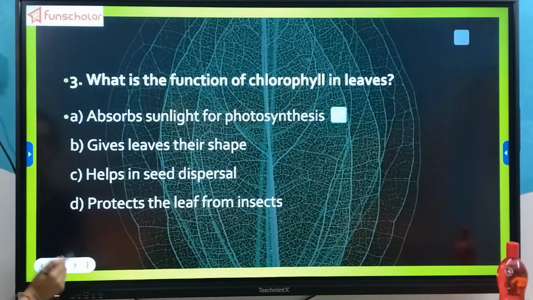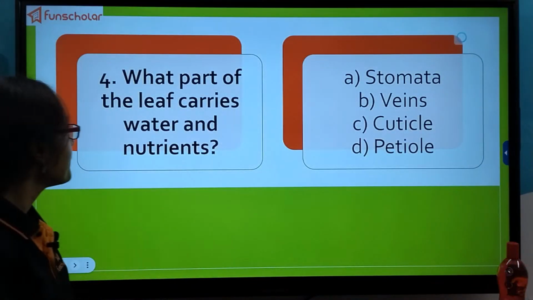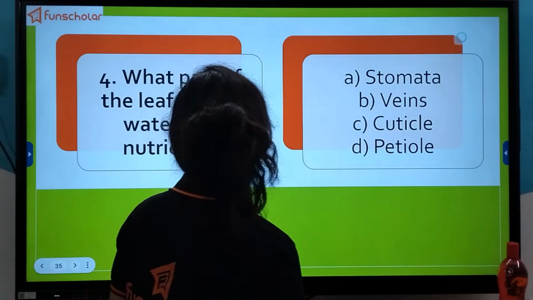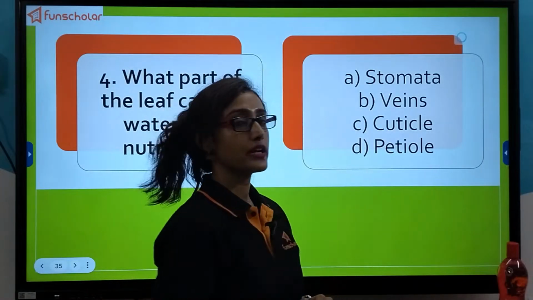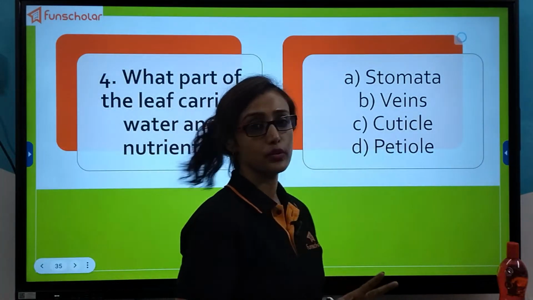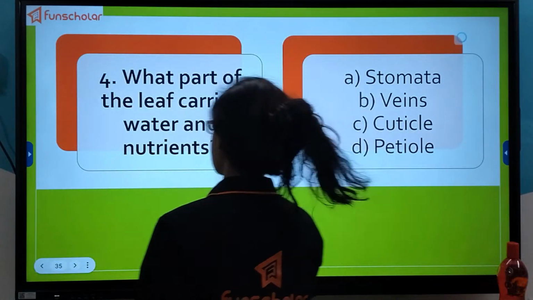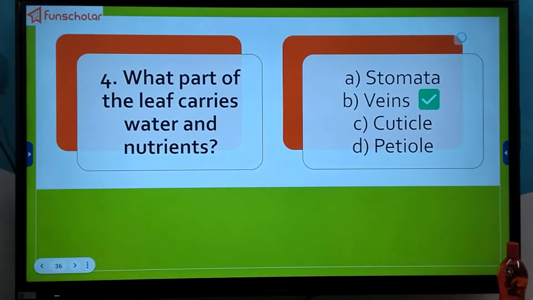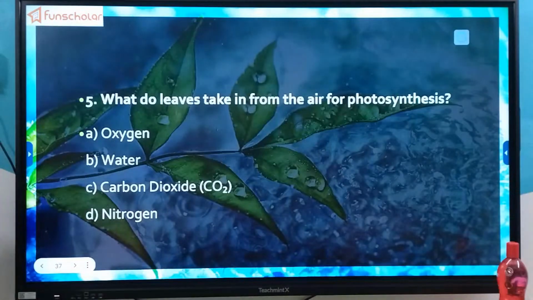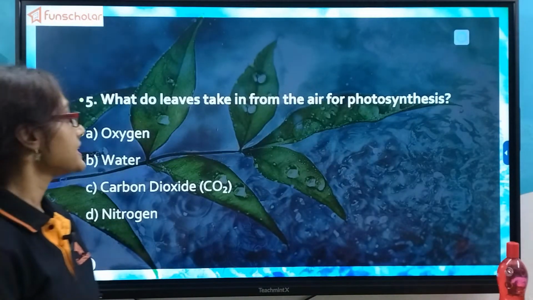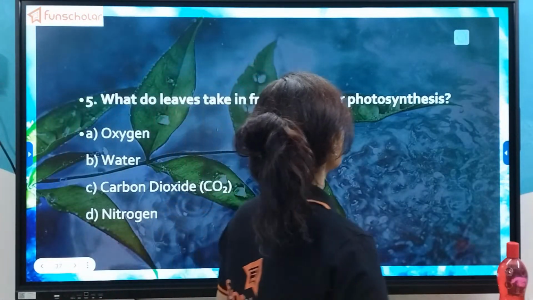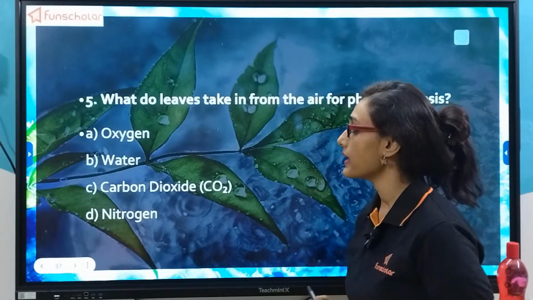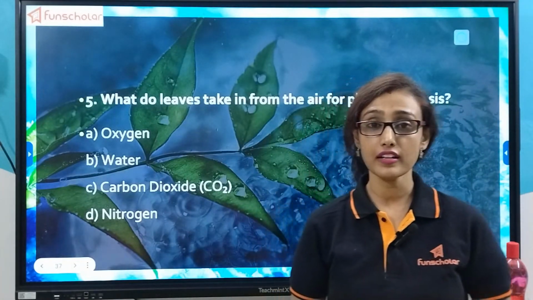Right? What is the part of the leaf that carries water and nutrients? Is it stomata? No, it is veins. See, veins. Okay. What do leaves take in from the air for photosynthesis? From air, they take what?